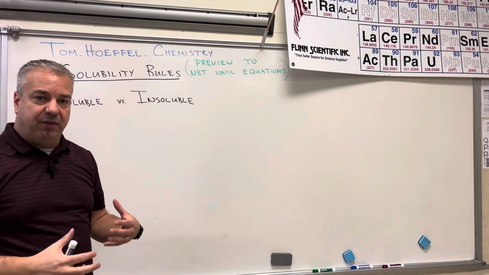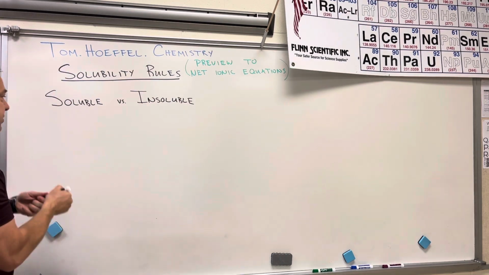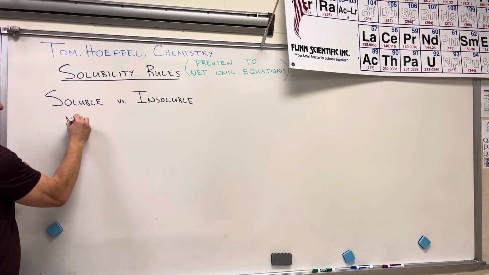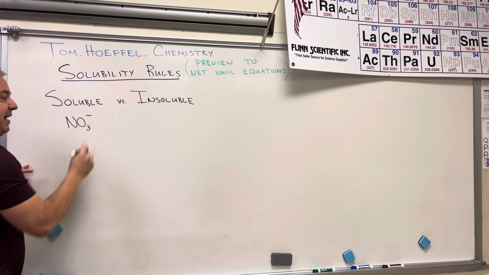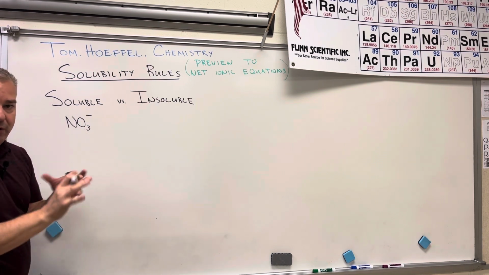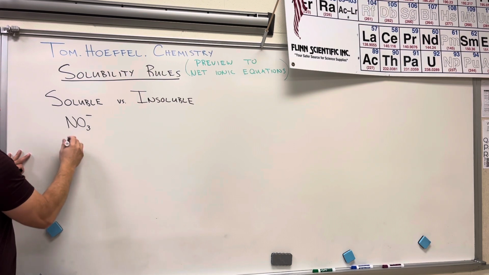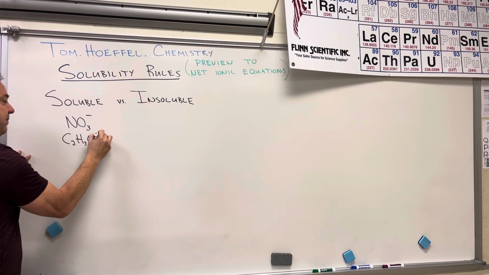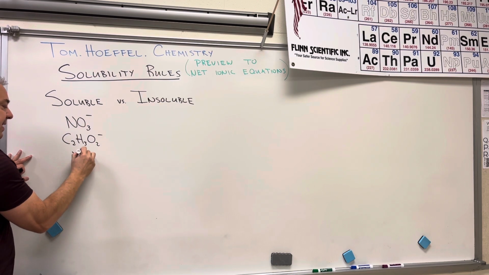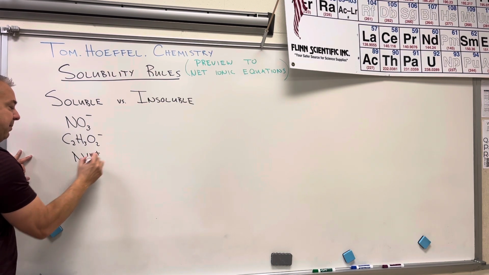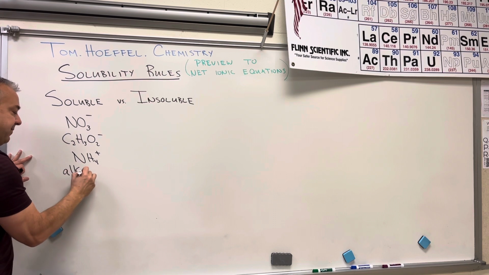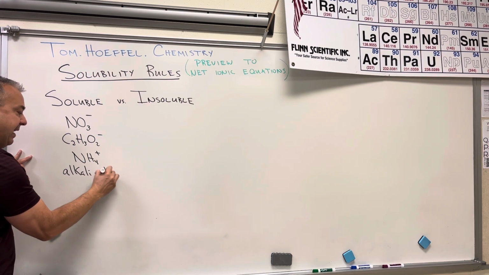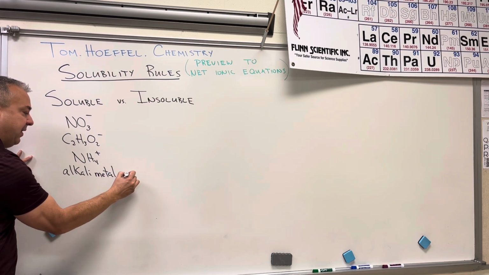I typically call these things trump cards. So if a compound has nitrate in it, it's always going to be soluble, no matter what you pair it with. The same thing is true for acetates. So nitrates, acetates, if there's ammonium in the problem, and then lastly, any type of alkali metal ion.